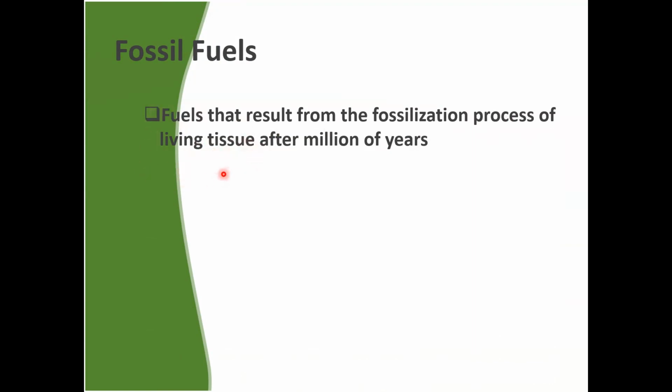These living tissues came from plants and animals, where the animals ate the plants or other animals, and where the plants were able to grow because of photosynthesis using solar energy. That's why I can say that the sun is the ultimate energy source here on Earth.